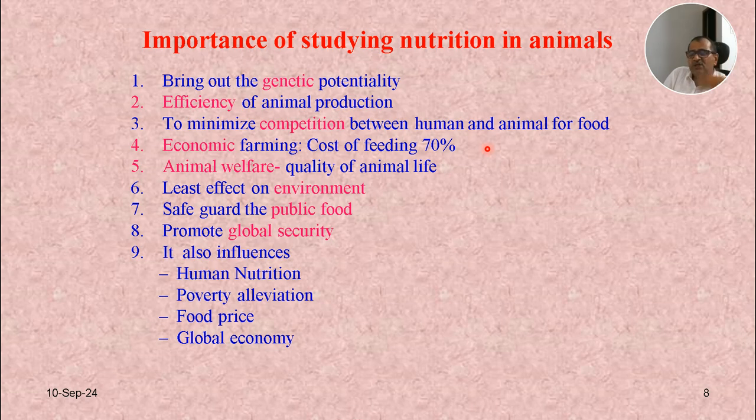Hence, the economic farming, even though it may look very high, is inevitable or unavoidable. Hence, we should feed the animal very properly, to the extent of 70% of the total cost of 100%, going to the nutrition.